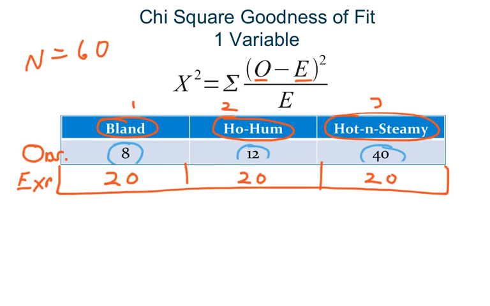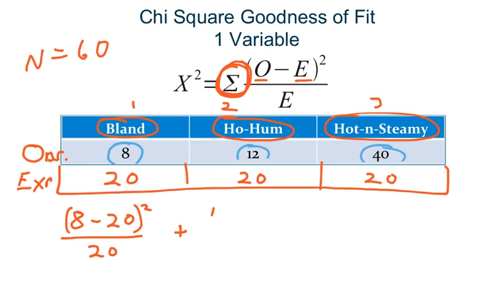We have to sum up observed minus expected squared divided by expected. So for each cell, we take observed, which was 8, minus expected, which was 20. We square that difference, and we divide by the expected value for that cell, which was 20. Now we have to do that for all 3, and because there is a sum symbol in the formula, we just add them together.